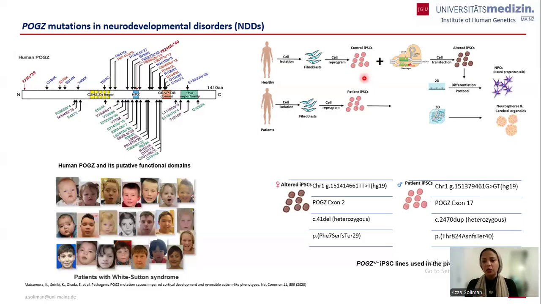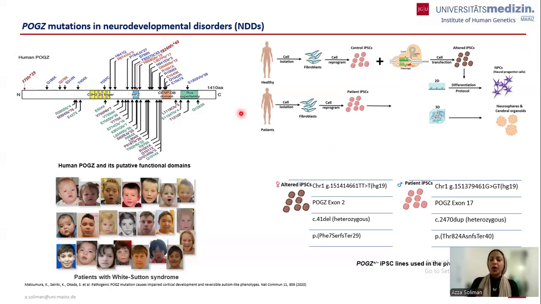What is specific about those cells is that they can become any type of cell. With the help of CRISPR-Cas technology, which is a genome editing tool, I could induce a mutation in POGZ, giving what we call altered iPSCs, so iPSCs that have a mutation in POGZ induced with CRISPR-Cas.